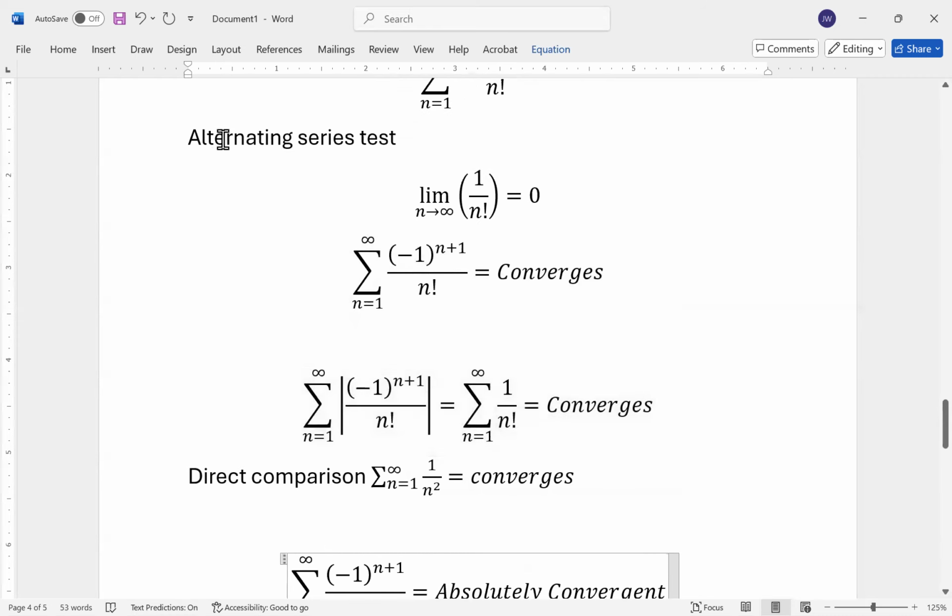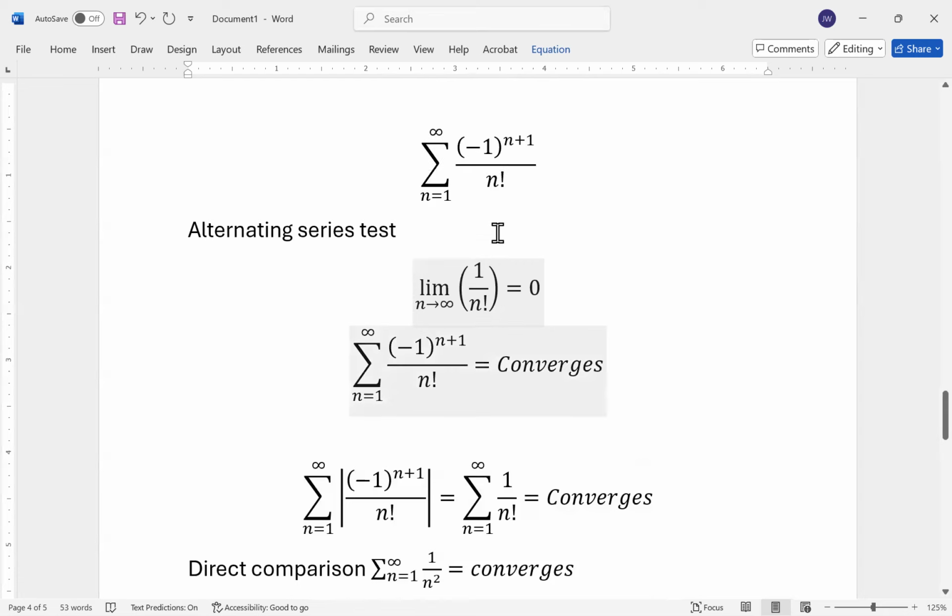Obviously, the alternating series test is a really nice test. It's pretty quick. All I have to do is make sure that the terms are decreasing and the limit is 0. I didn't stress a lot that these terms were decreasing. That's fairly self-evident.